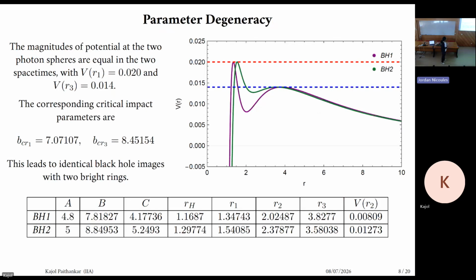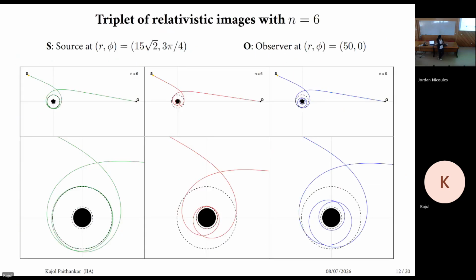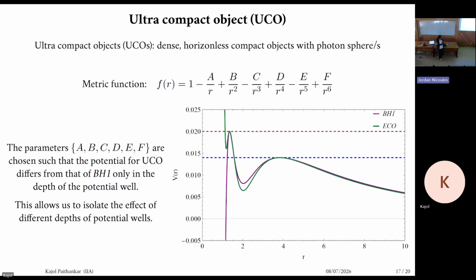But even the turning point is much larger for black hole 2 compared to black hole 1. So we want to understand whether this is a qualitative feature of the potential well depth only or even of the change in the turning point. So we tried to do it for some compact object. I'm just calling it a compact object because it doesn't have a horizon to start with.